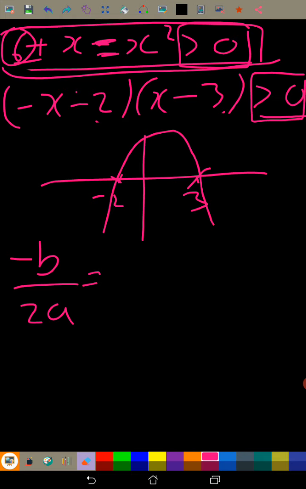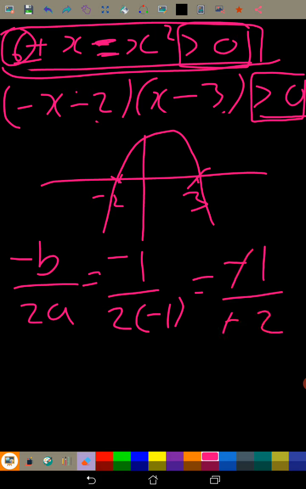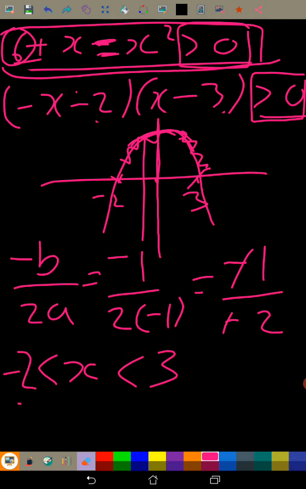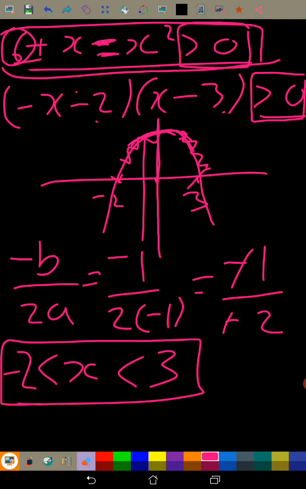So b is going to be 1, minus 1, 2a is going to be minus 2. So -1 over -2 gives me half, so half is somewhere here. This is where the symmetry is. Okay? And the answer is going to be where the curve is above 0, so x is greater than -2 and less than 3. So this is the boundary and this is the answer here.